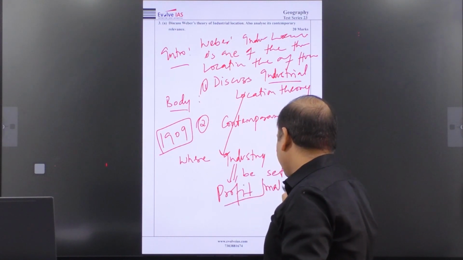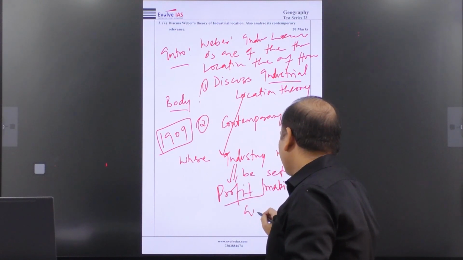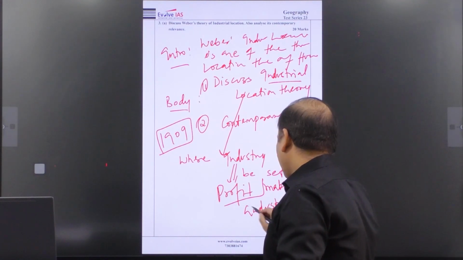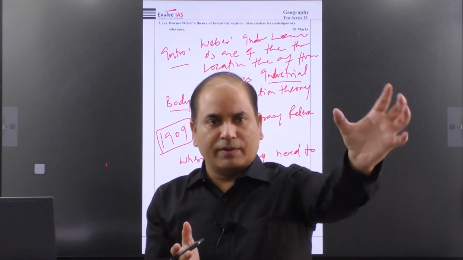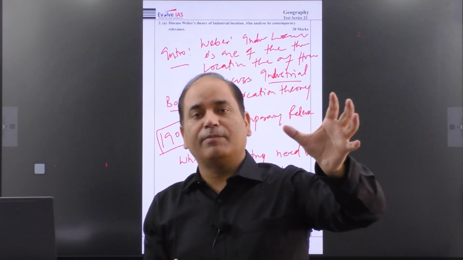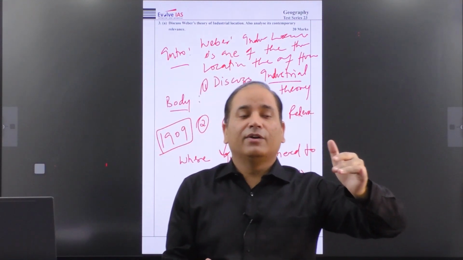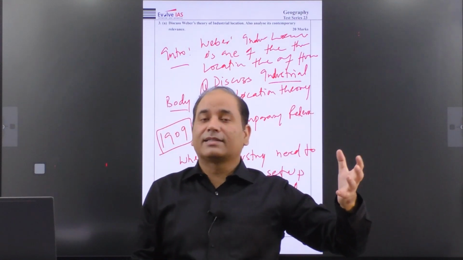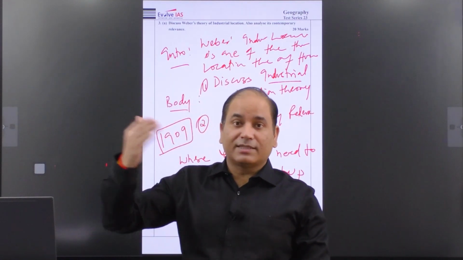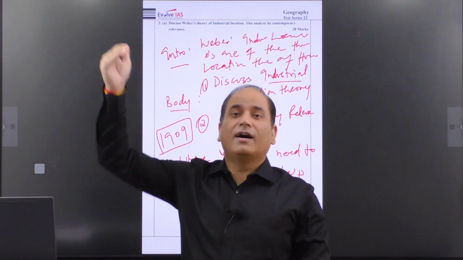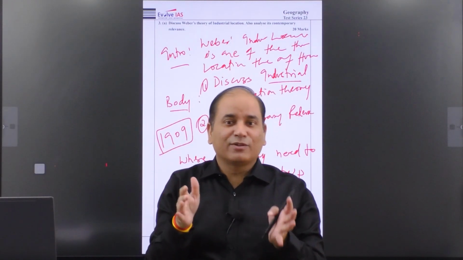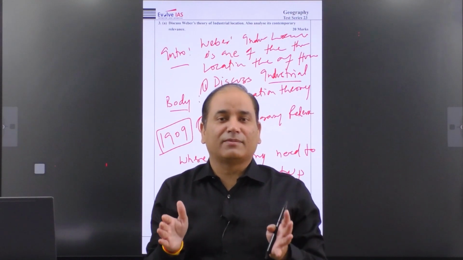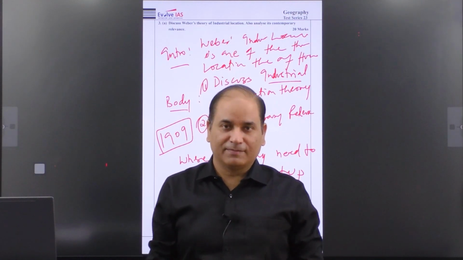Weber had multiple options, because he saw that some industries were set up where raw materials like coal were already present, but some were set up away from the coal, near the market. So he was trying to find the optimum location of the industry.